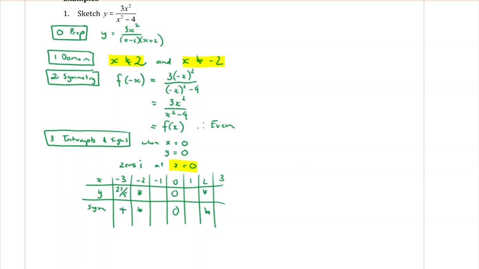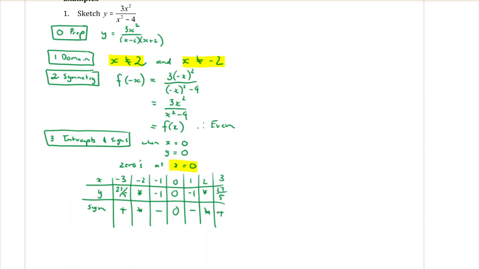It's positive. And you go and do the rest of them. The next one, assuming that I typed this in right before, I got -1, which is negative. For +1, I also got -1, negative. And at 3, I got 27 over 5 again, which is positive, which seems fitting because we know this graph is meant to be symmetrical.